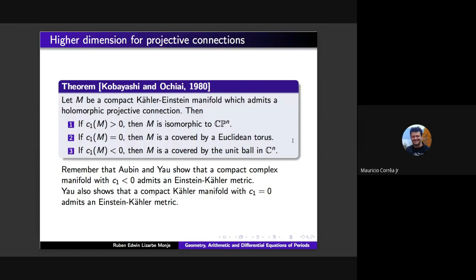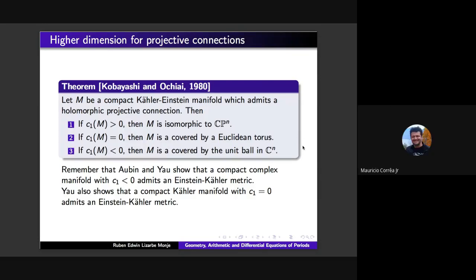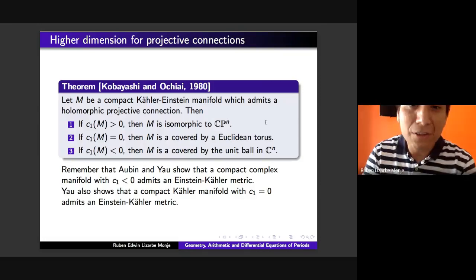My question was whether the manifold was Kähler, but it must be Kähler-Einstein, in order to generalize the dimension 2 case. Sorry, I forgot to say the hypothesis Kähler-Einstein.